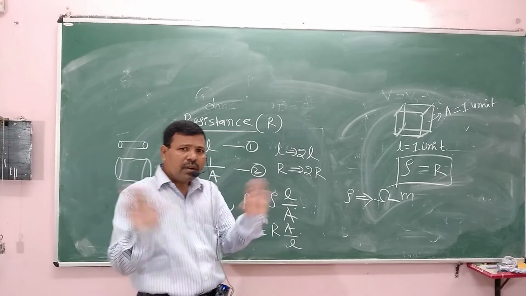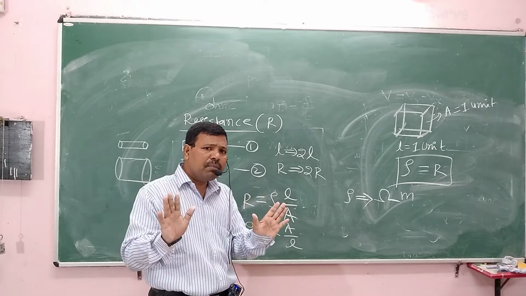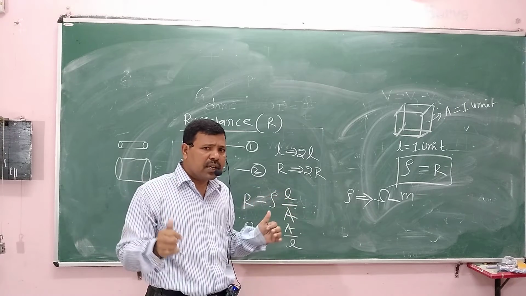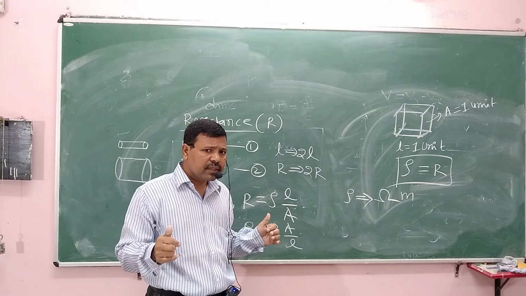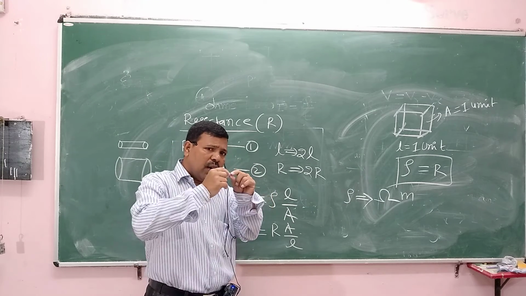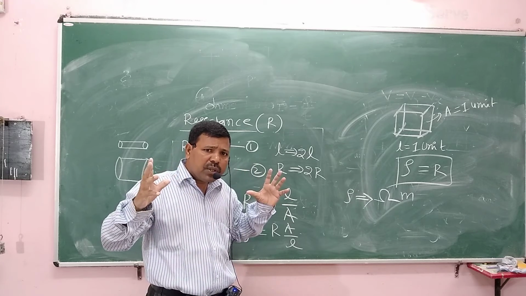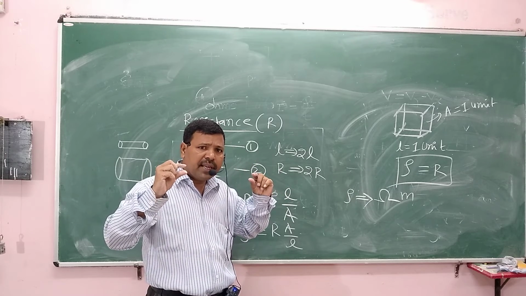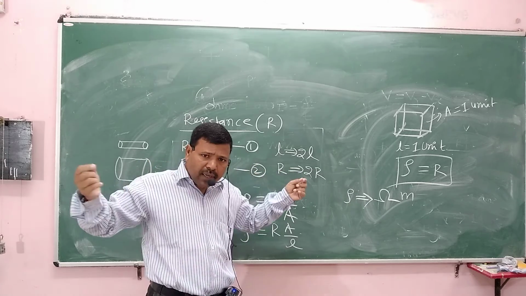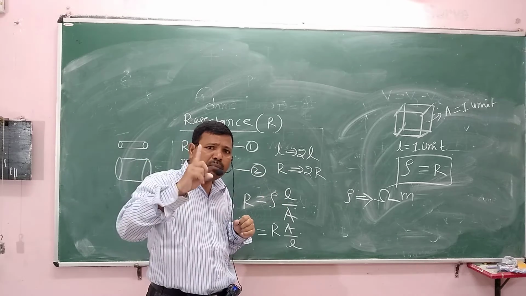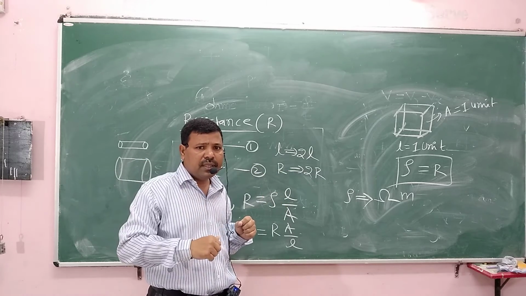Resistivity of a material does not depend on length or cross-sectional area. Suppose if you take aluminium conductor, whether aluminium has a big cross-sectional area or small cross-sectional area, big length or small length, aluminium will have only one resistivity.